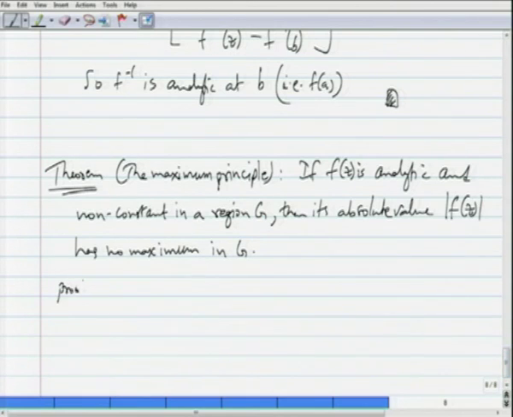So, here is the proof. Let z naught belong to G. Then B of z naught, r is contained in G for some r positive.